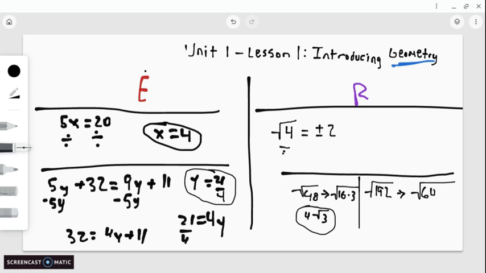You know it works because the answer is not a decimal. The answer is 3. The square root of 64 is 8, and then you put the 3 there. Done. That's the answer.